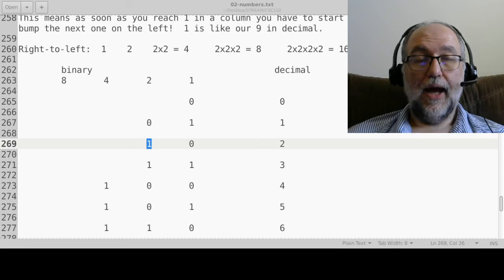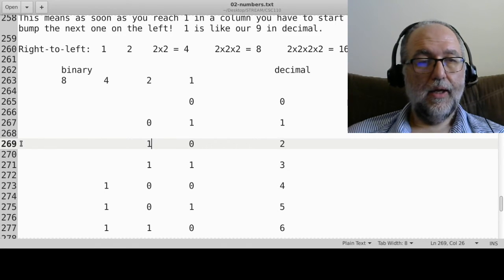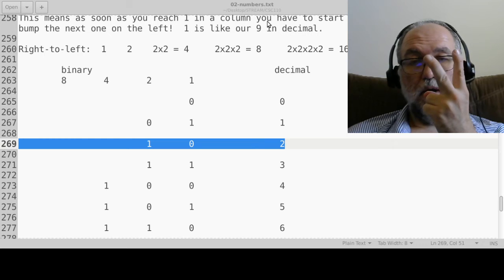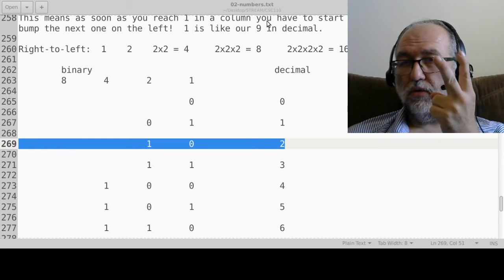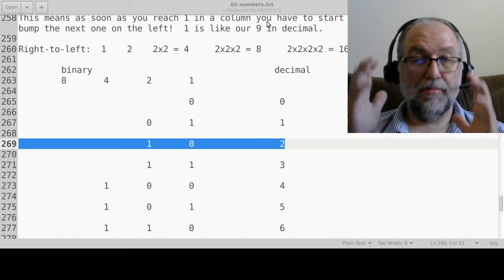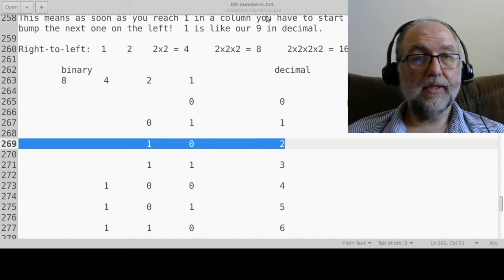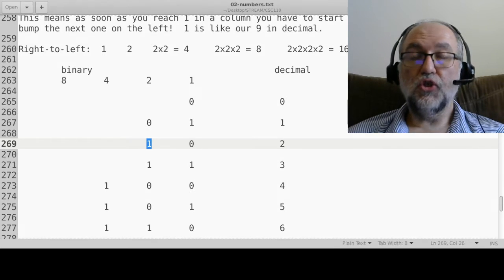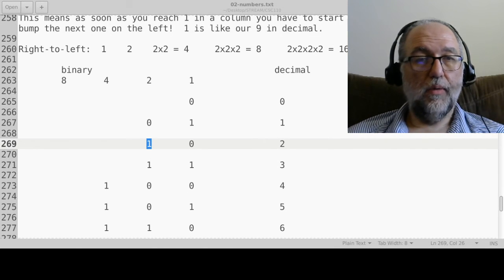Now we're at the next number. So 2 in binary is 1 0. If I ask how many fingers I have up, you might say in decimal 2. But if you were writing it in binary, you would write 1 0. It looks like the number 10, but don't think of it that way, because the 0 is in the 1's column and the 1 is in the 2's column.